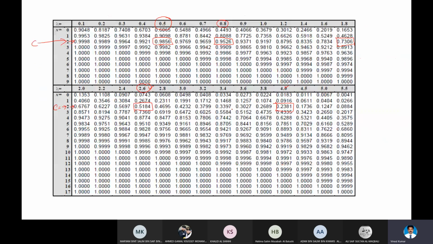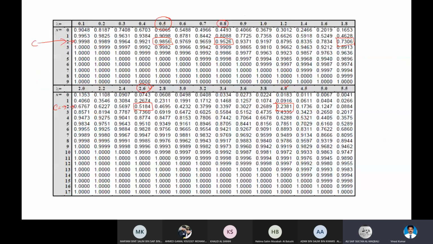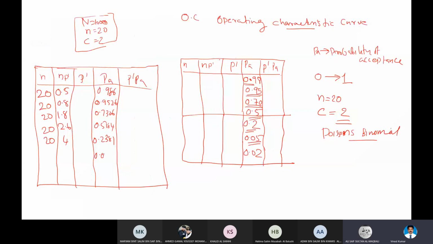What is next one? Next value 0.05. Maybe not available here. You can go to next one. 0.04 is available. We will take this. 0.0430. Correct? Yes, 6.5. So 0.0430, NP dash 6.5, 20. Correct?